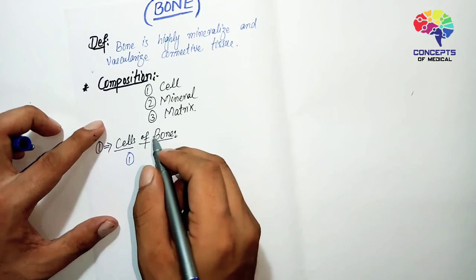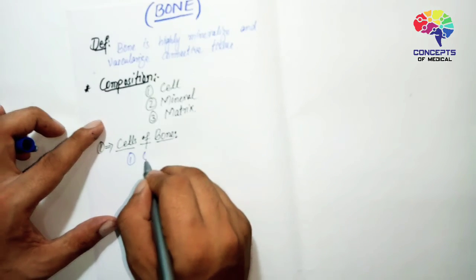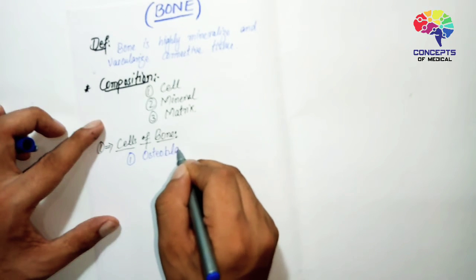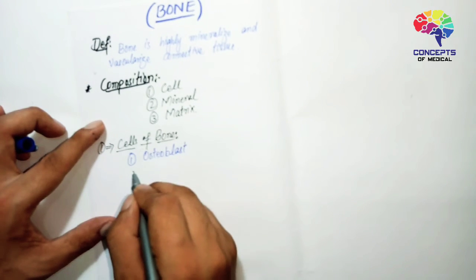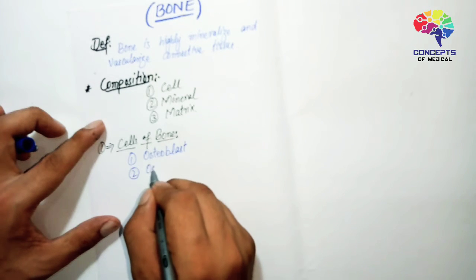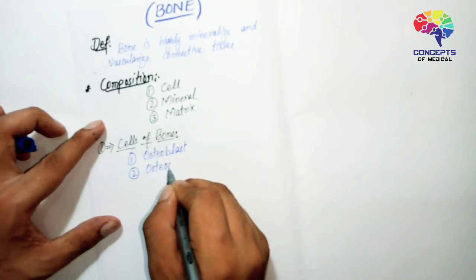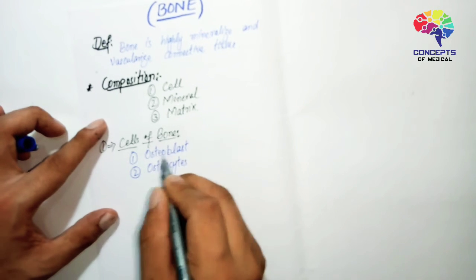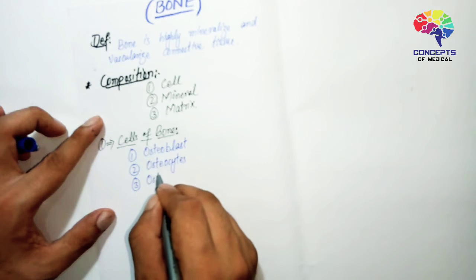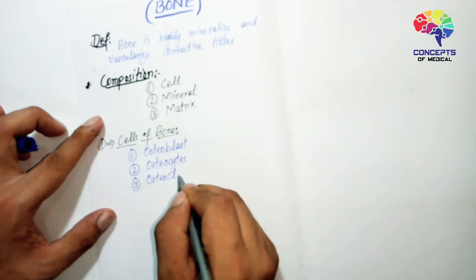The first cell is called osteoblast. The second cell is osteocyte, and the third cell is osteoclast.